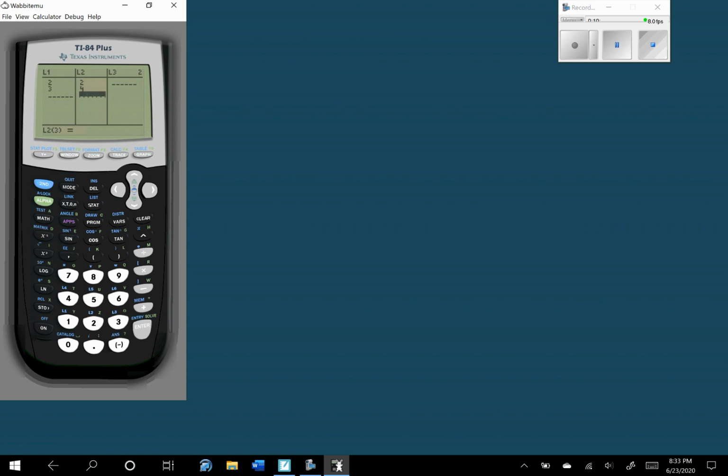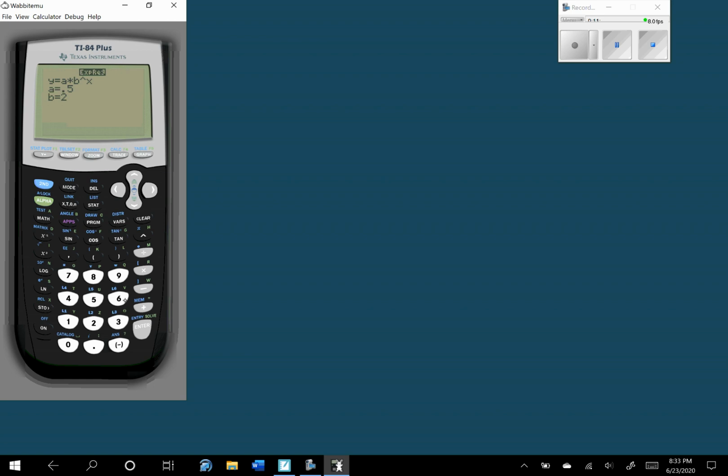And then I can go to stat, right arrow to calculate, and if I go down, you'll notice it says EXPREG, which is exponential regression. Enter. We're in list 1 and list 2. Don't worry about this or this for now. We can just go ahead and hit calculate.